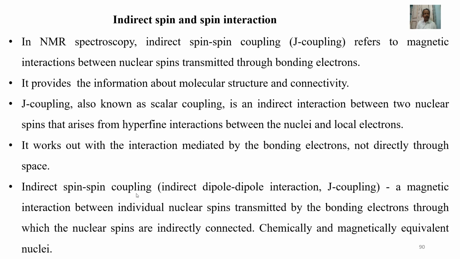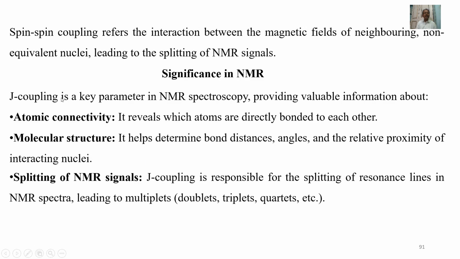Indirect spin-spin coupling, or indirect dipole-dipole interaction, or J coupling, is a magnetic interaction between individual nuclear spins transmitted by the bonding electrons through which the nuclear spins are indirectly connected. Spin-spin coupling refers to the interaction between the magnetic fields of neighboring non-equivalent nuclei, leading to the splitting of NMR signals.